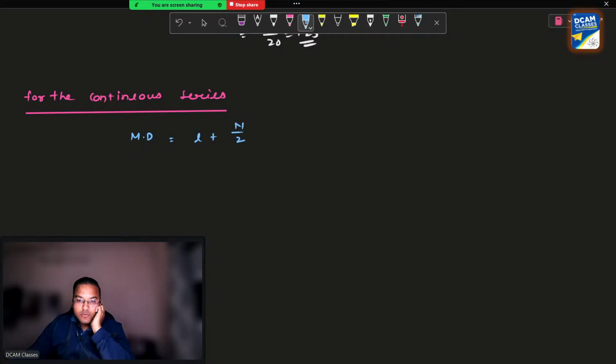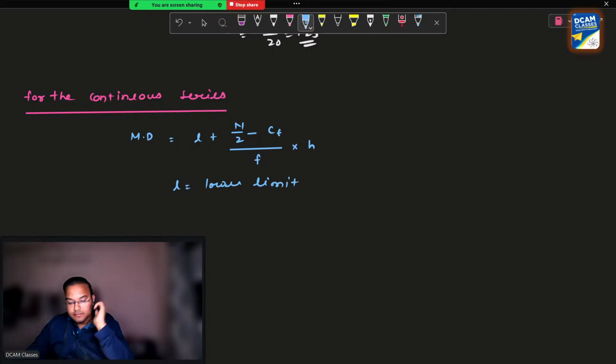L plus n by 2 minus CF divided by F into H, where L is the lower limit of median class, H is the class width.